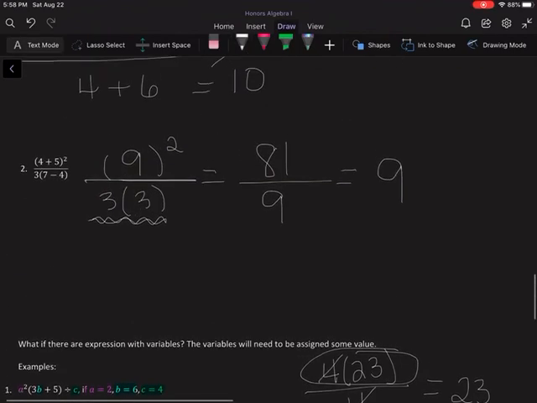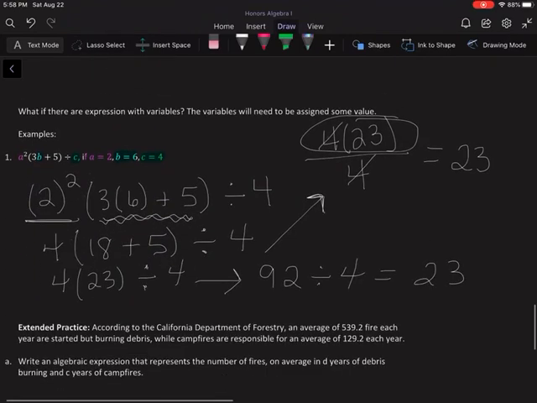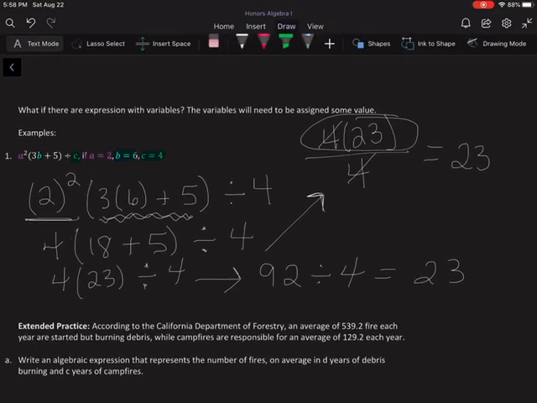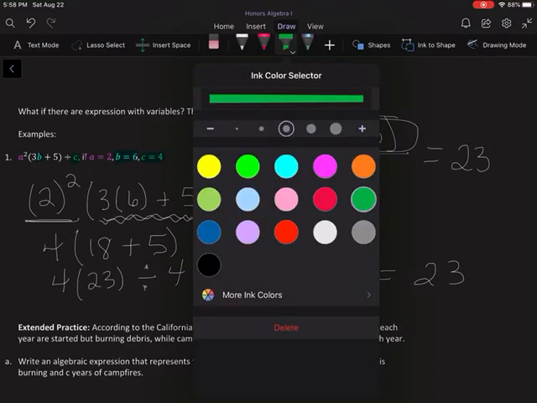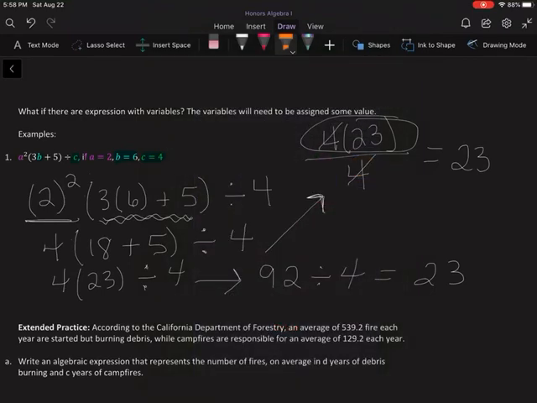Unfortunately, on this one, we did have 9. I'm not even going to go into that because that's going into exponents, so I'm not going to confuse you. Okay, so this is probably the best bet to go about doing your stuff in this type of order.